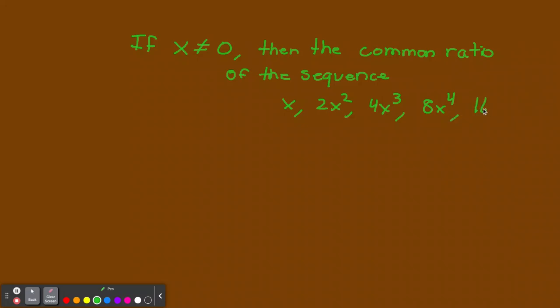Let's say 16x to the fifth, right? You can see the pattern already. So the common ratio is what? What would be the common ratio?